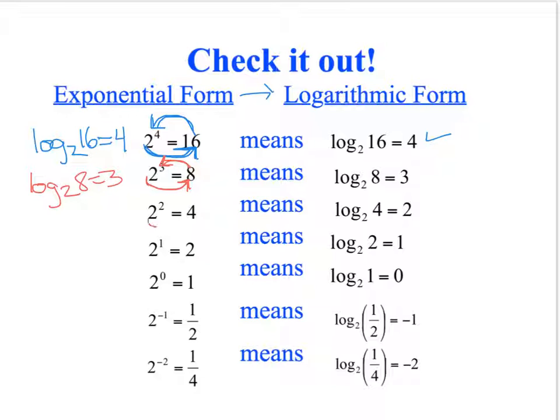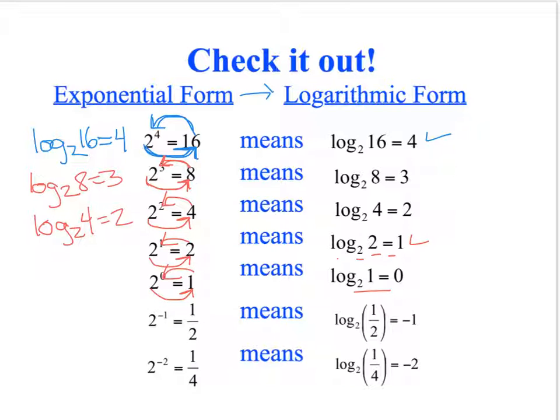So this one would be log base 2 of 4 equals 2. Okay, so these arrows, if you look, log base 2 of 2 equals 1. That's what we have here. Log base 2 of 1 equals 0.